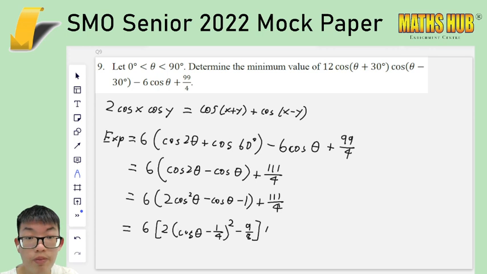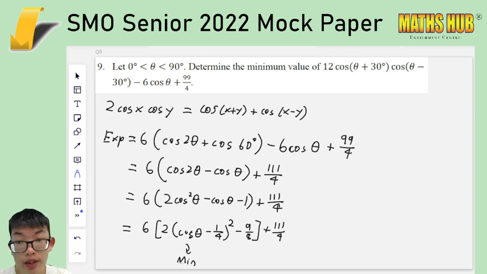But really, when you have a big glut of terms like this, it's easier to just recognize that the minimum happens when cosine theta is 1/4 and put it back into the thing on top, right? Rather than working in this completing the square form, just in case we messed up one of the constants.